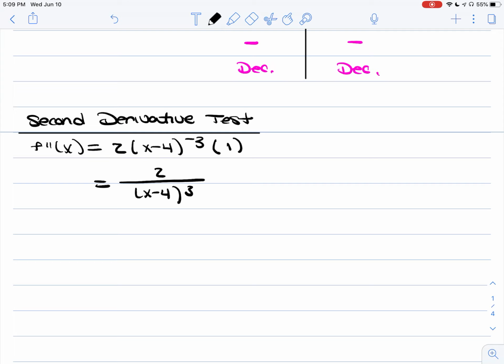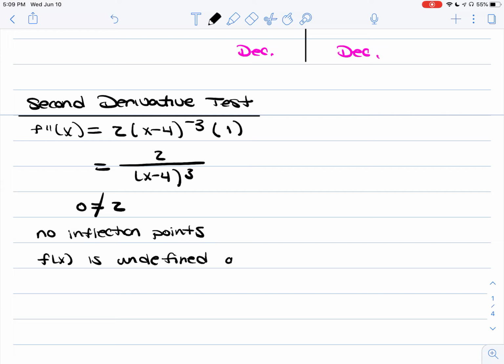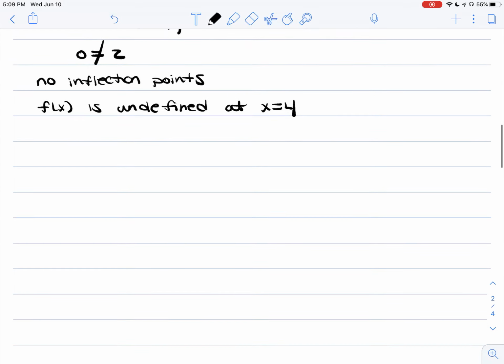All right, in our second derivative test, we're looking for our inflection points. So again, set this equal to 0, but 0 never equals 2, so no inflection points. We again, though, have to worry about where the original function was undefined, and we said that was at x equals 4.